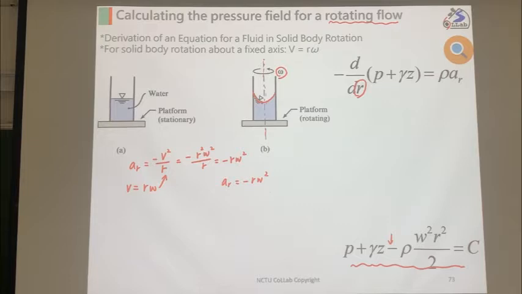So again, I do the integration on the right hand side. So here is the minus omega squared, and I can have the R squared divided by 2, right?